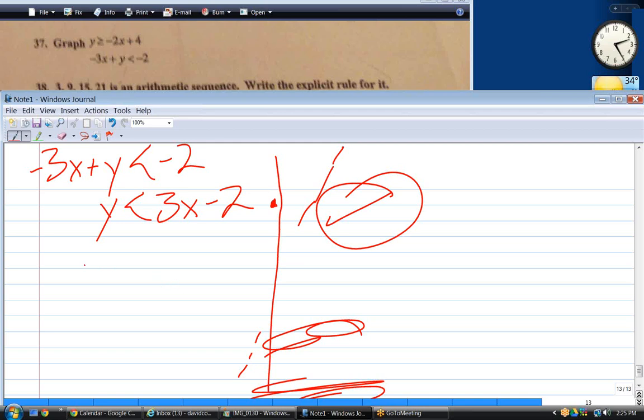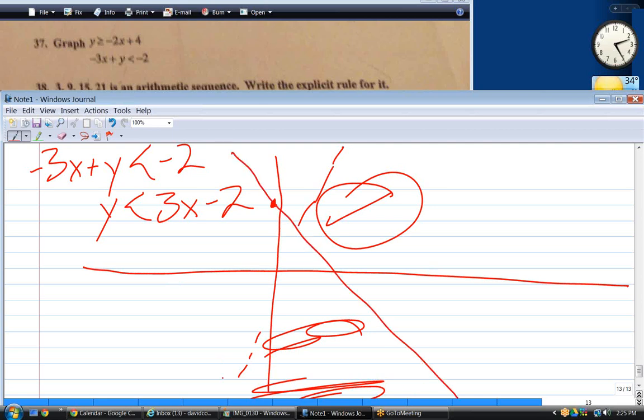Can you figure out the area that is in common? In other words, we had that, and we had this. The second one was a dotted line. Okay? And we were above the solid line, and we are below the dotted line.